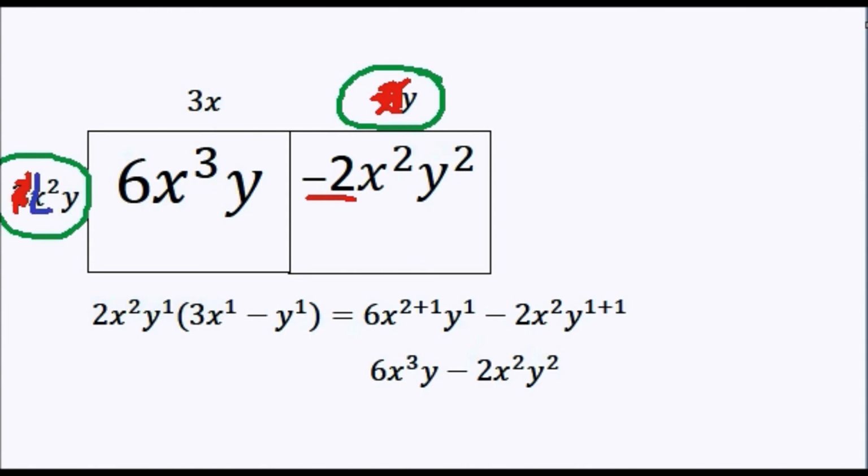And x squared times, oh, there's no x over here, so you just bring it down. So we're done with that. And then last but not least, we do the y's. This has a 1. This has a 1. So 1 plus 1 gives us y squared, which is 2. And that's how you multiply polynomials when you have to change the exponents.